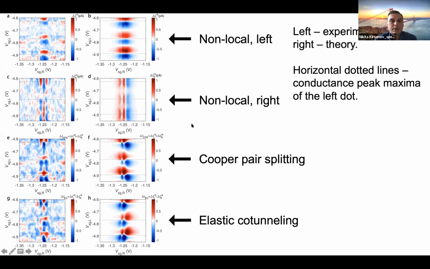We can see that the magnitude of the experimental current and the theoretically modeled currents are pretty much the same, and the behavior compares well. So we think that this is convincing evidence that we have indeed observed the non-local phenomena in our Cooper pair splitter.